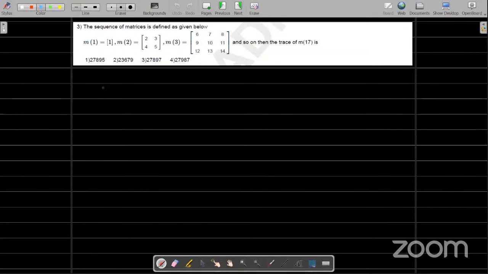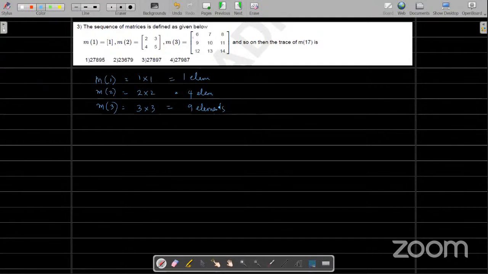As you notice, M of 1 is 1 by 1, has one element. M of 2 is 2 by 2, which has 4 elements. M of 3 is a 3 by 3 matrix, which will have 9 elements.